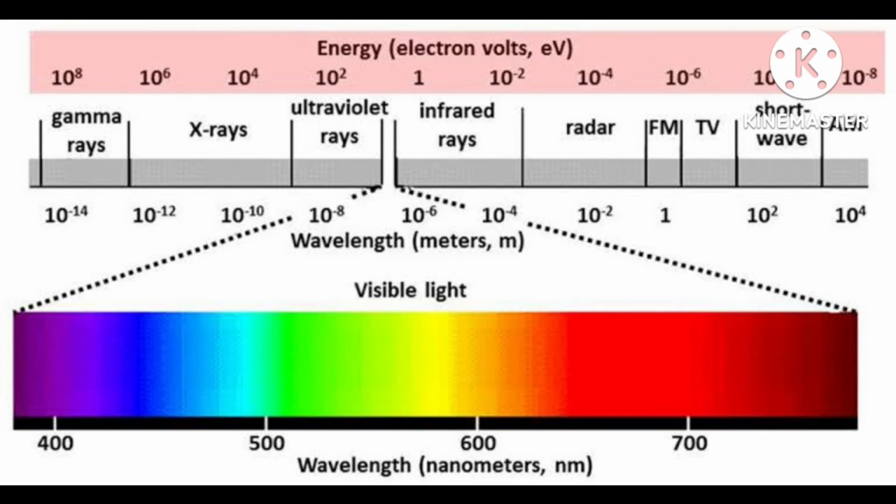It is defined as the number of wavelengths per unit length. Its unit is the reciprocal of the wavelength unit, that is meter minus 1. However, the commonly used unit is per centimeter, which is not the SI unit.